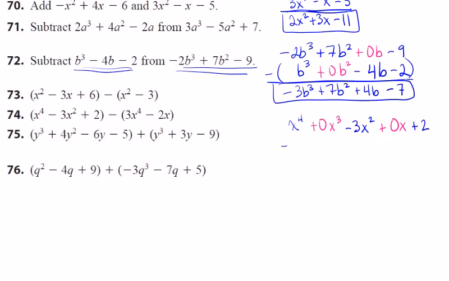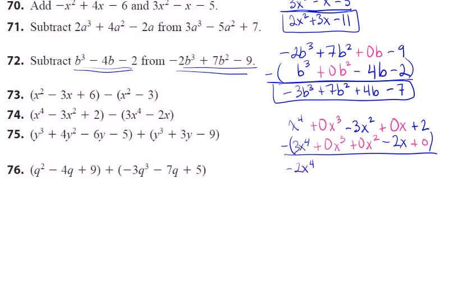All right, so then subtracting. So I'm going to put 3x to the fourth here. And then I'll leave a space for the cubed term, the squared term. And we get minus 2x. And leave a space for the constant. All right, so now that we lined them up, I'm just going to operate. x to the fourth minus 3x to the fourth is negative 2x to the fourth.